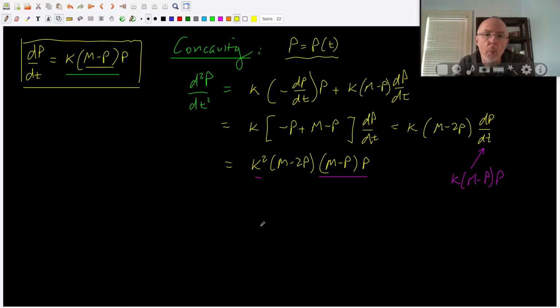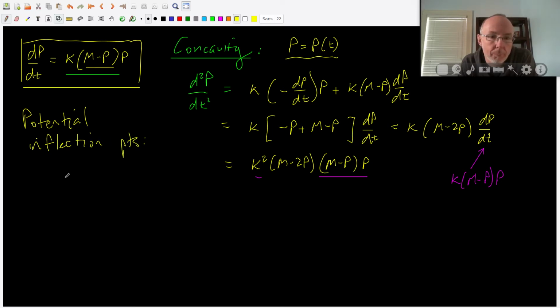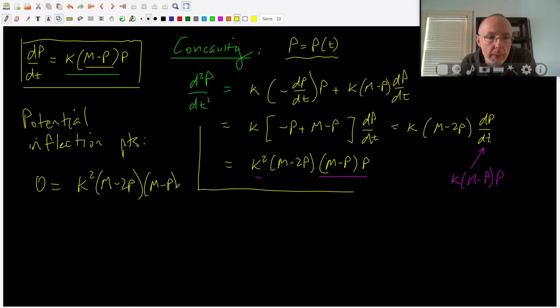All right, so where does the concavity potentially change signs? The potential inflection points are where the second derivative is equal to 0. So the potential inflection points are where we have 0 equal to k squared (m minus 2p)(m minus p)p.